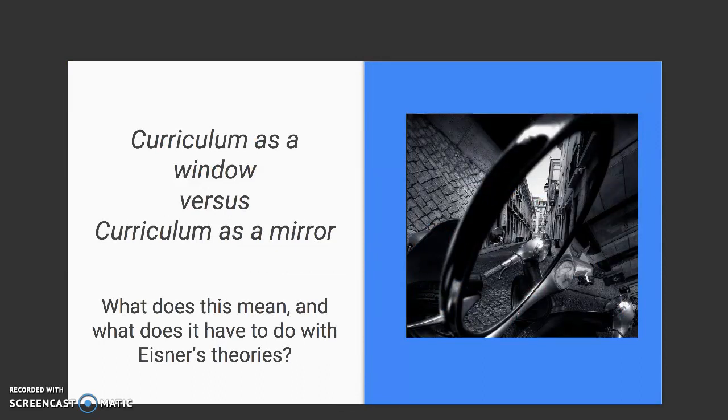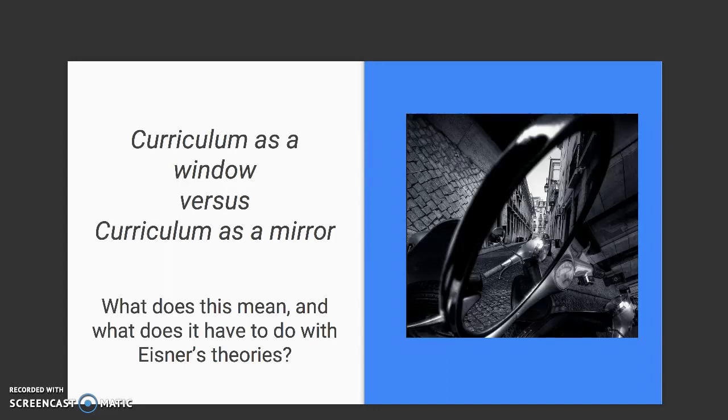So I'd like you to think about, and this is a metaphor, the concept of curriculum as a window versus curriculum as a mirror. So it's important for students to have curriculum as a window, meaning that they're looking out into the world and looking at and analyzing various different perspectives that they don't share, learning about different cultures, learning about different values.